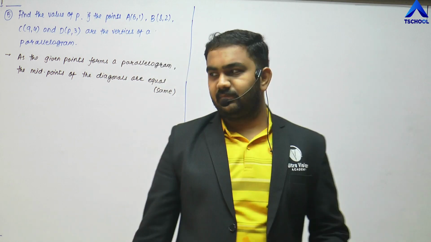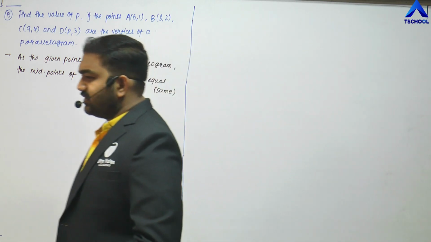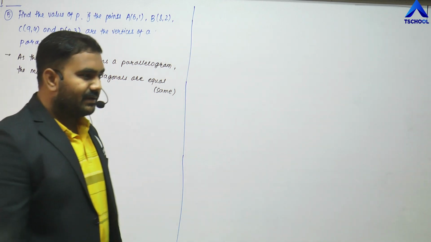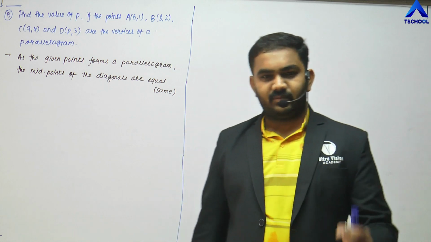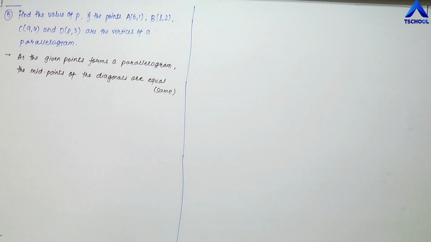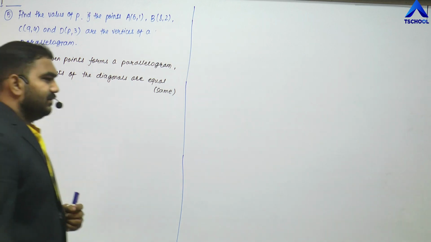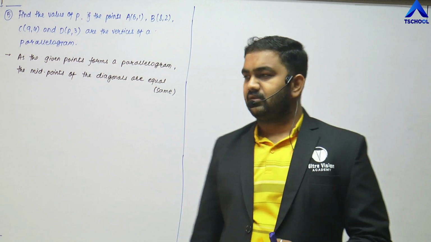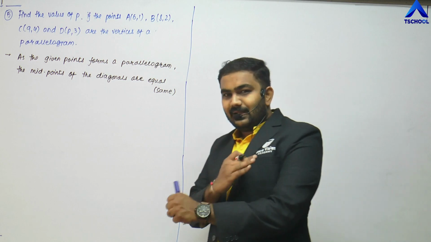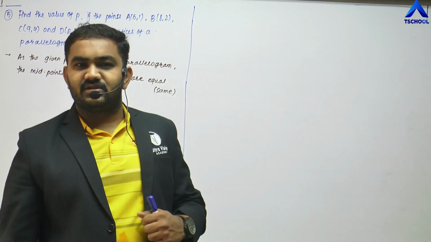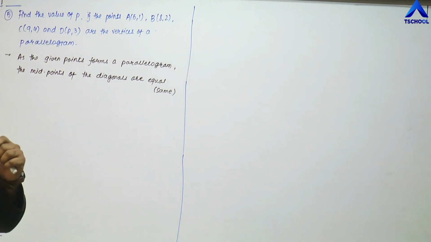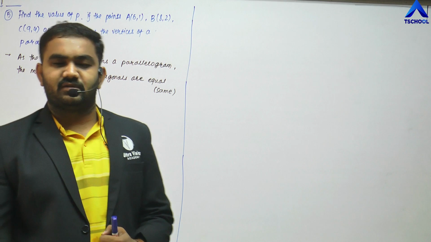A parallelogram is a quadrilateral which has opposite sides equal and also unequal diagonals. Unequal diagonals means the lengths of the diagonals are not the same. But one more thing proves that the quadrilateral is a parallelogram: the diagonals of the parallelogram intersect each other at a unique point. That unique point is the midpoint of the diagonals, right?